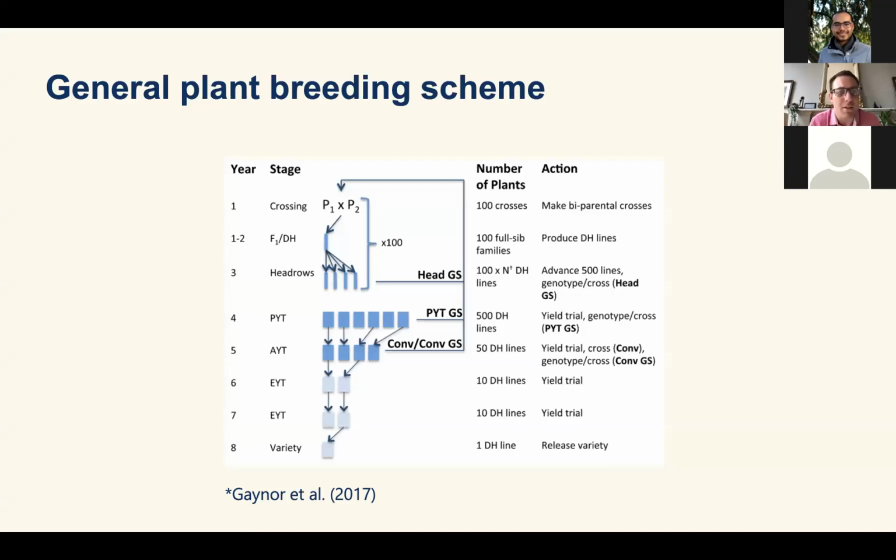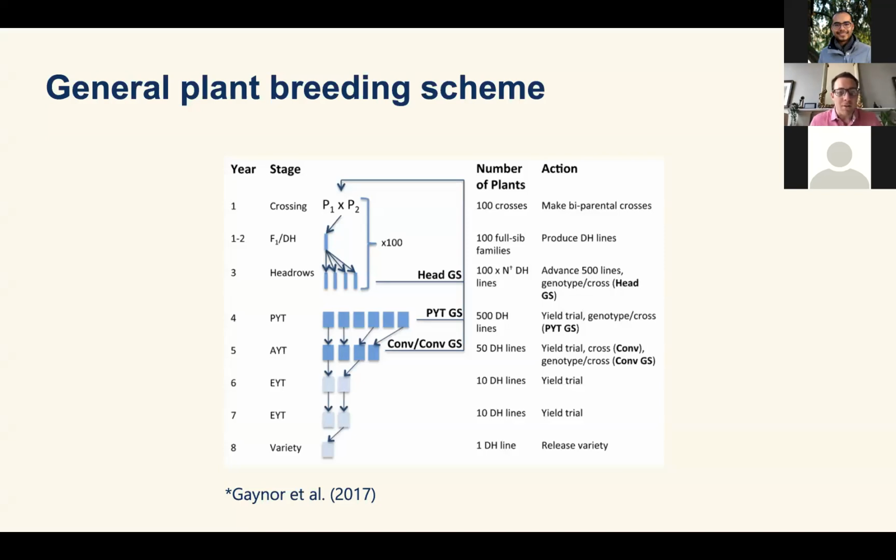So I've just got this general plant breeding scheme from Chris Gaynor's 2017 two-part paper. There's lots of stuff going on here, but we all know that plant breeding is some sort of 8-year cycle from the initial cross to the release of a variety.